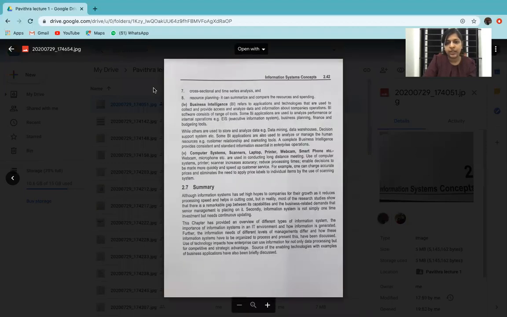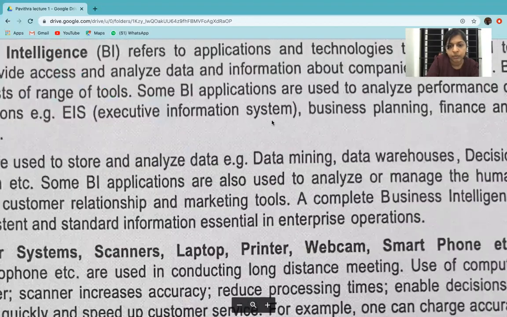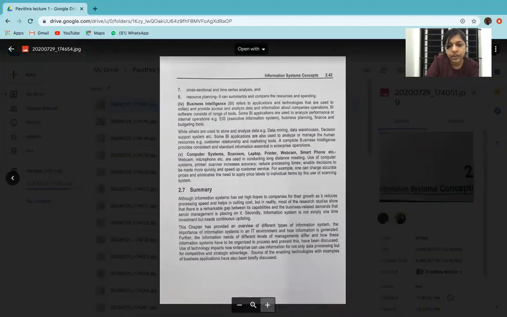So all the areas are done. And then here, what is business intelligence?